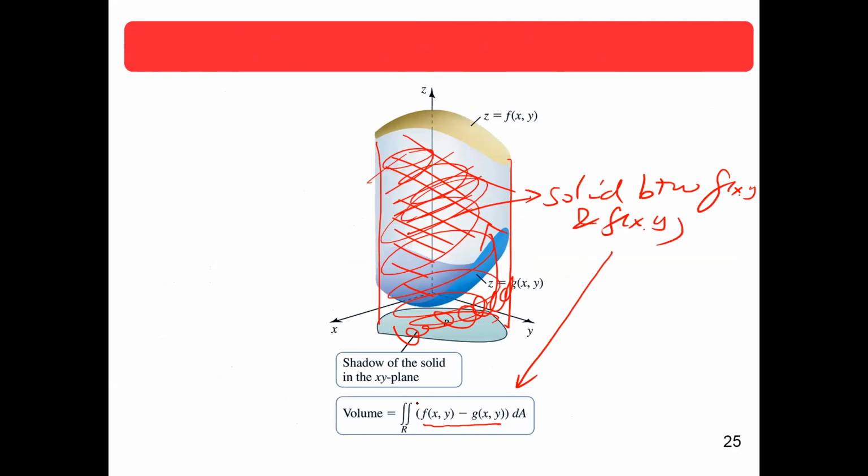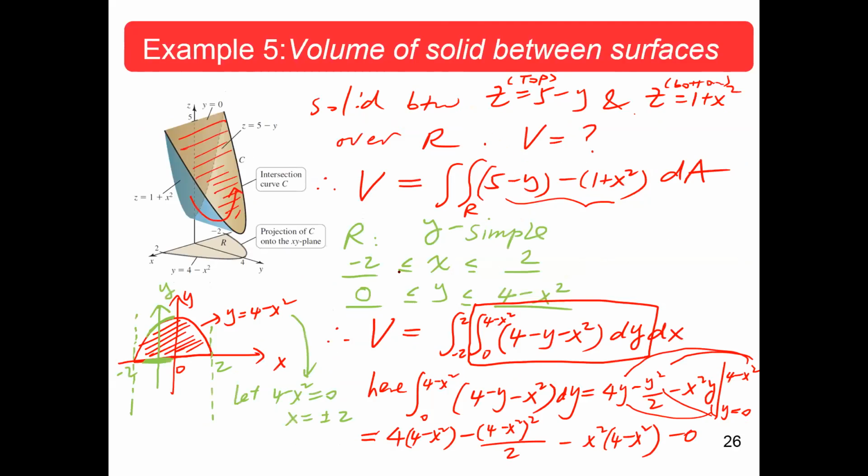So the only thing, as we mentioned so many times, that you should pay attention to is how to express the region R that you are integrating over. The region R could be X simple, could be Y simple. The way you write it is very important. This is critical in determining if your volume double integral is correctly set up.